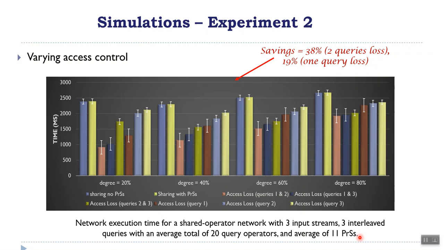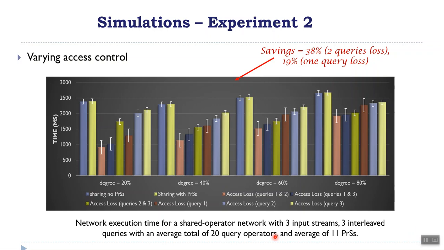This shows greater benefits of our multi-tenant shared operator networks, even if there isn't high sharing across the continuous queries. That was a really interesting observation that we came up with. Also, in our appendix, which I'll leave to the readers, is the detailed formal proof of the correctness of the operation of our privacy switches.